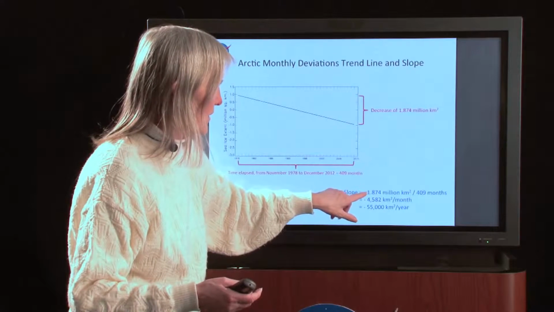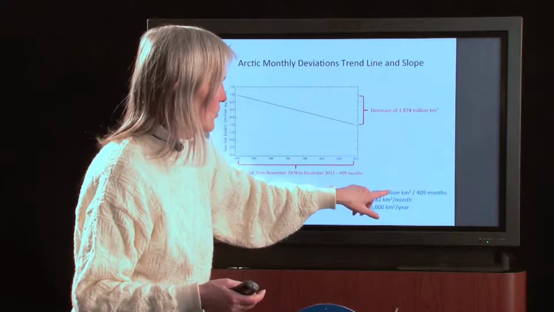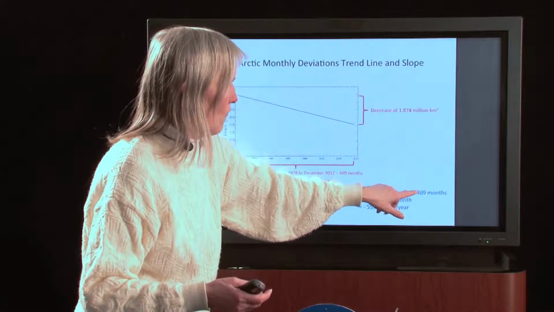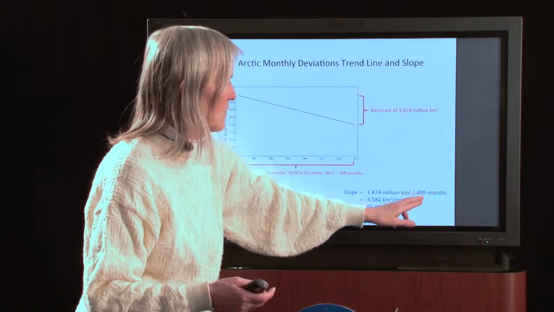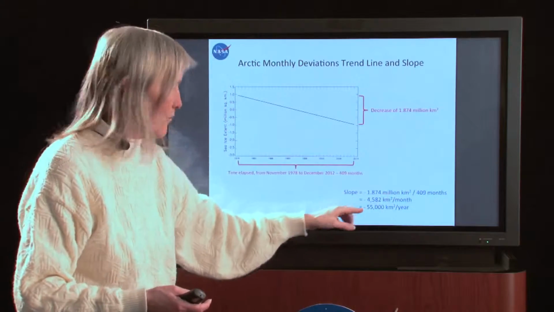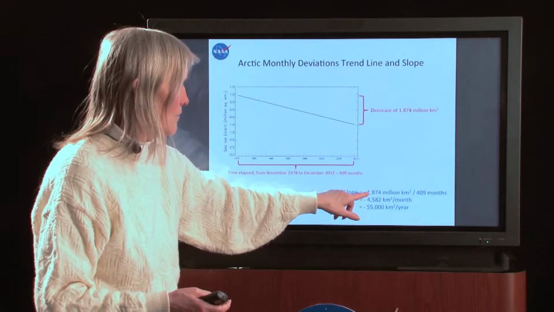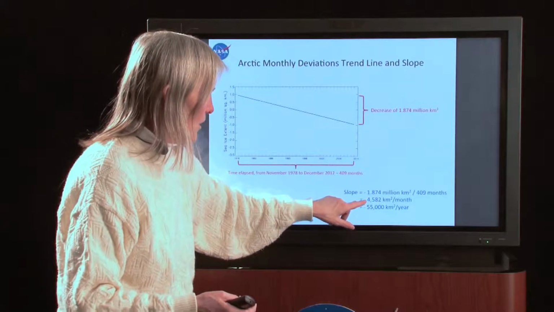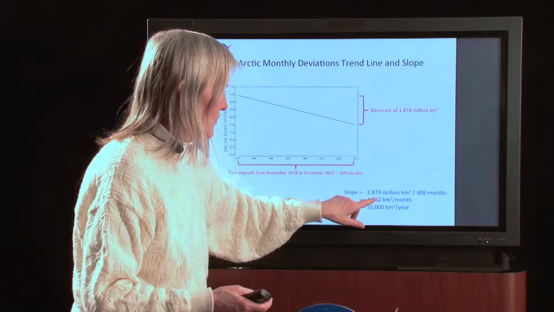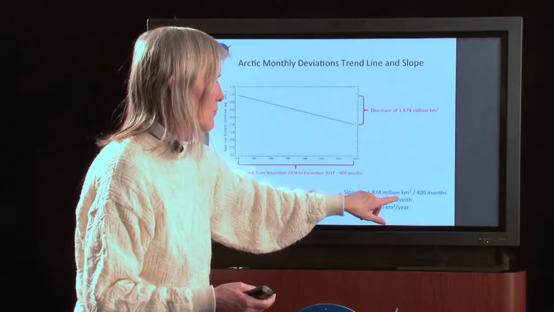The slope is a negative 1.874 million square kilometers over 409 months. Do that division, divide 409 into this value, and you get a value of negative 4,582 kilometers squared per month.